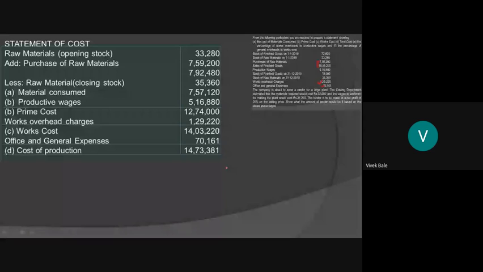Once you know the cost of production, you need to calculate the two important percentages. First, the percentage of works overhead to productive wages.